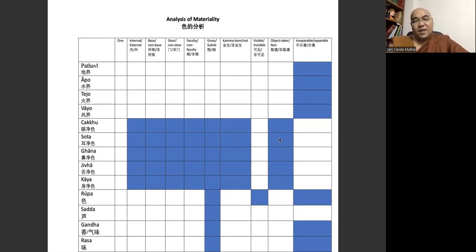But for the Ghana Jiva Kaya, touch, this sensitivity can take the object only when it comes into contact with our sensitivities. It means only when it is very close to the sensitivity can they receive the object.